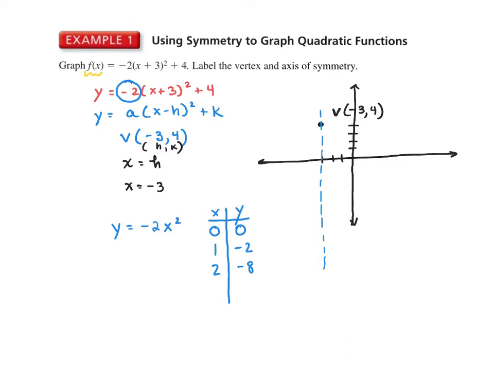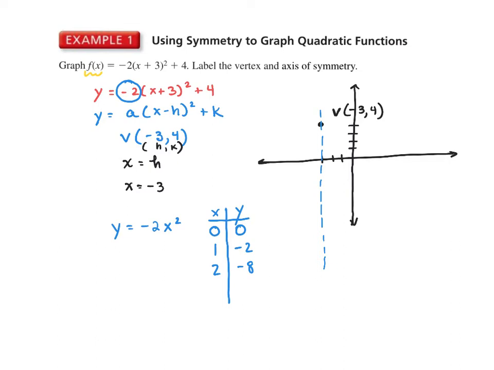Now what's key is that because I just used -2x squared, I haven't used any of this 3 or this 4 in my calculations. What that means is I can just count from this vertex that I found. This is like my 0, 0. Then it says when x is 1, y is down 2. So I moved over 1 from my vertex and down 2, and that's going to be another point on my parabola.